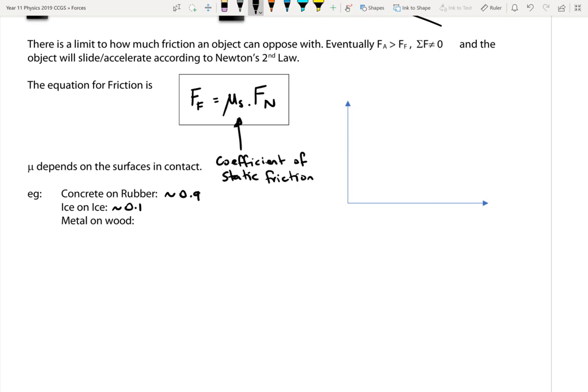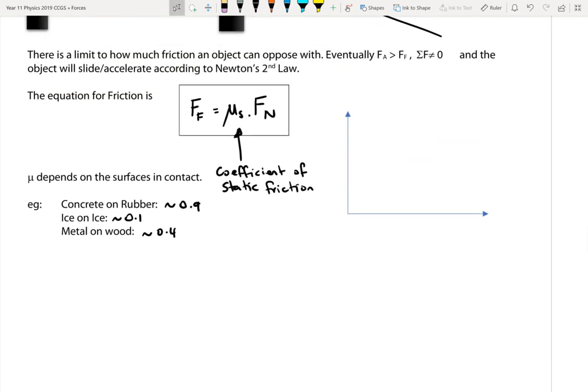And then there's heaps of tables in engineering books on different surfaces. What type of wood? Has it been sanded down to a certain polish or extent? Metal on wood might be around 0.4, for example.